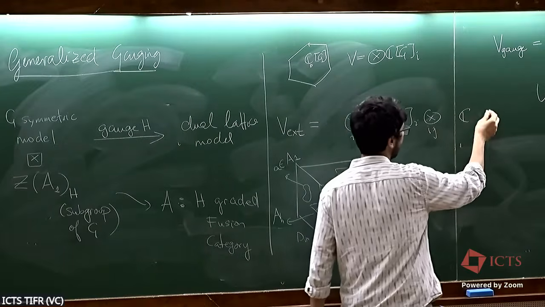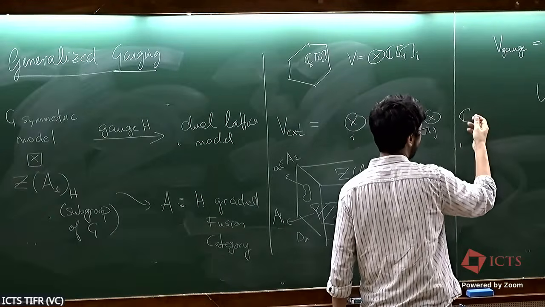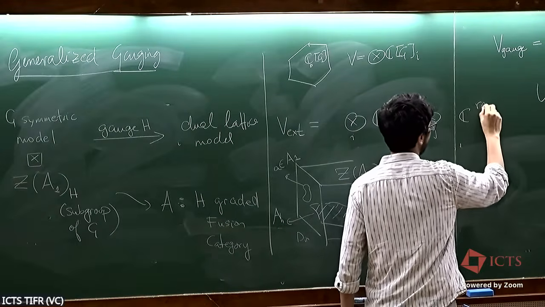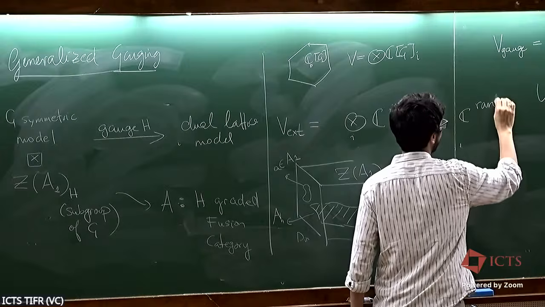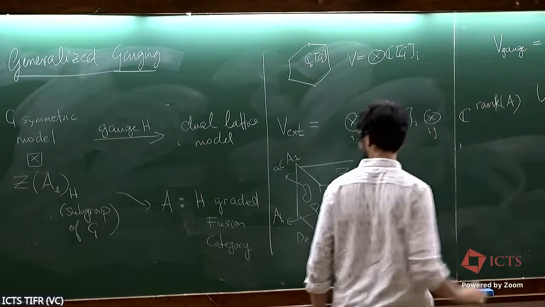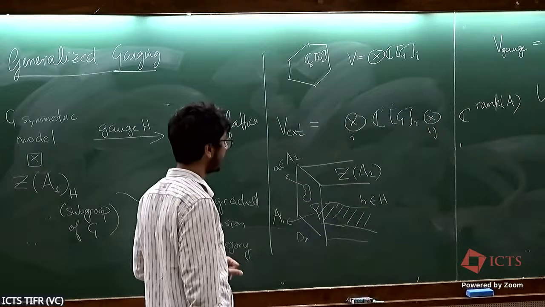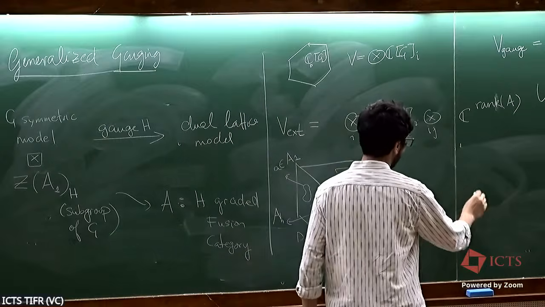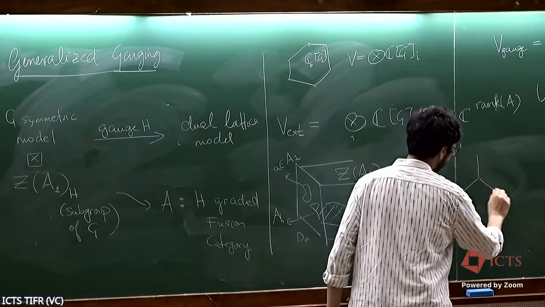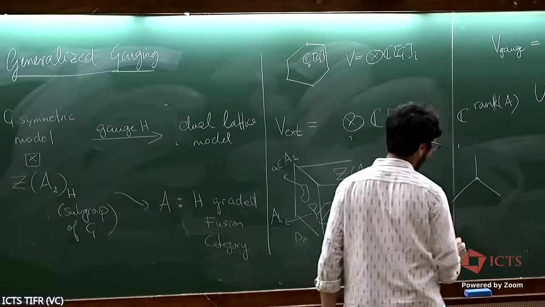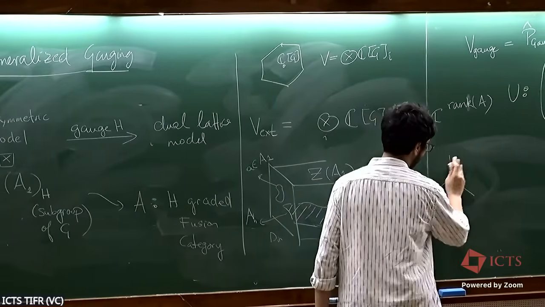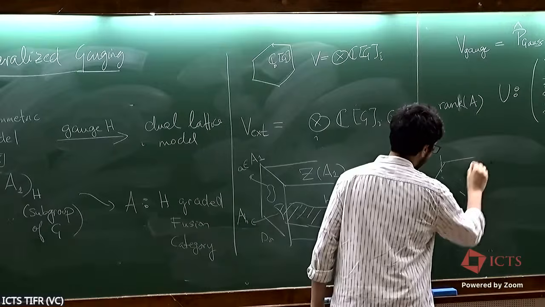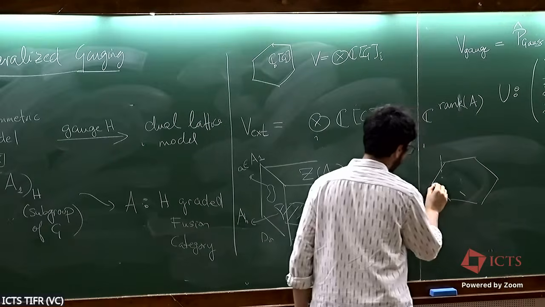So on the edges, I add a Hilbert space whose dimensionality is the rank of this fusion category, so the number of objects. And further, at each site of this lattice, we impose a fusion constraint. So this is a constrained Hilbert space.